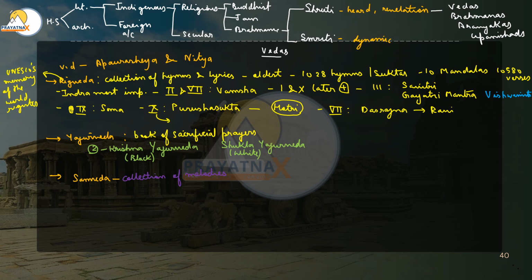Now it was borrowed from Rigveda, and it is considered to be the root of Indian classical music and dance, the classical dance. And it contained two Upanishads, and its hymns were recited by Udgatri.